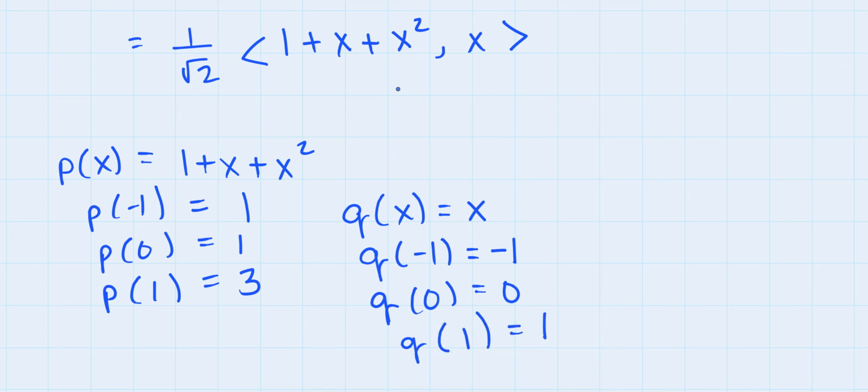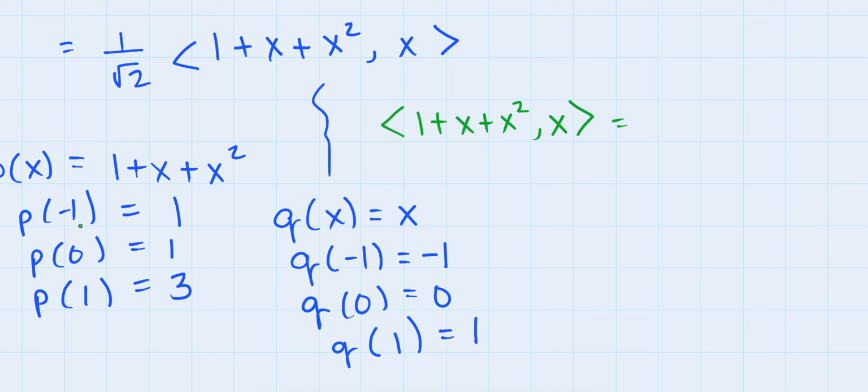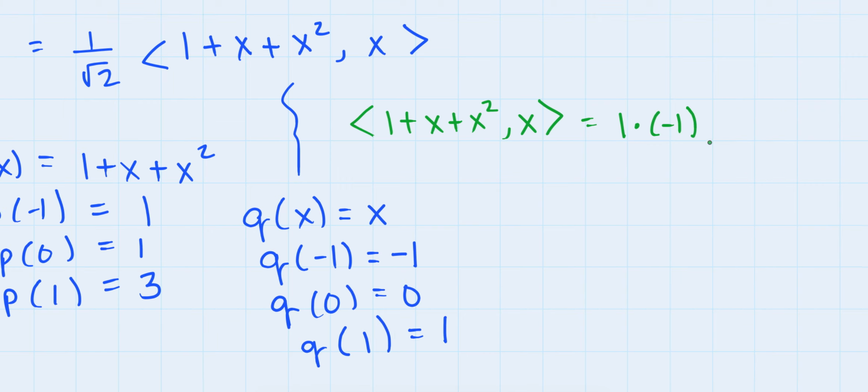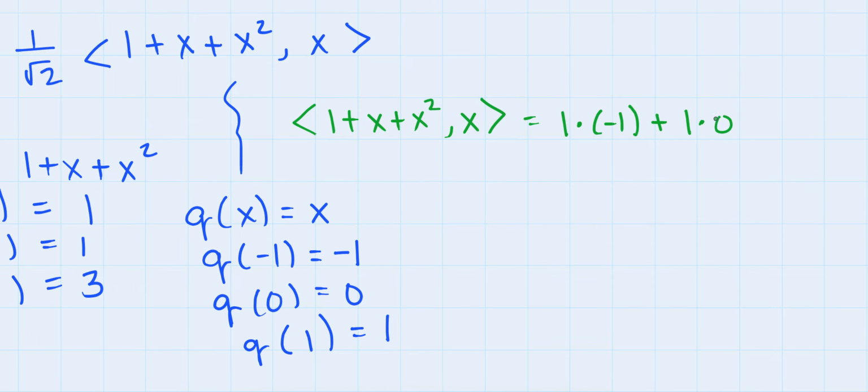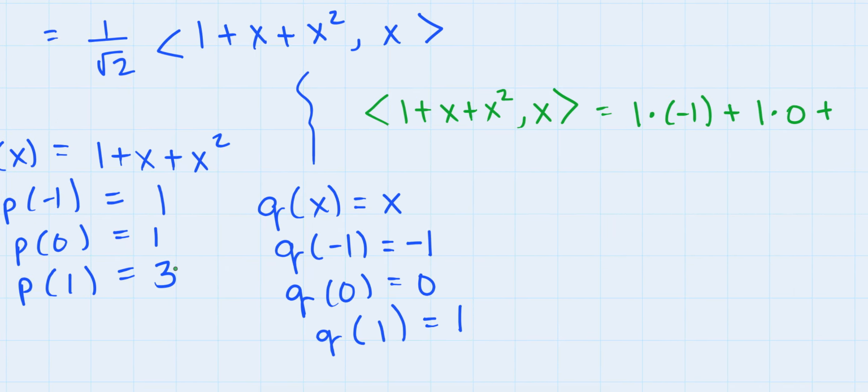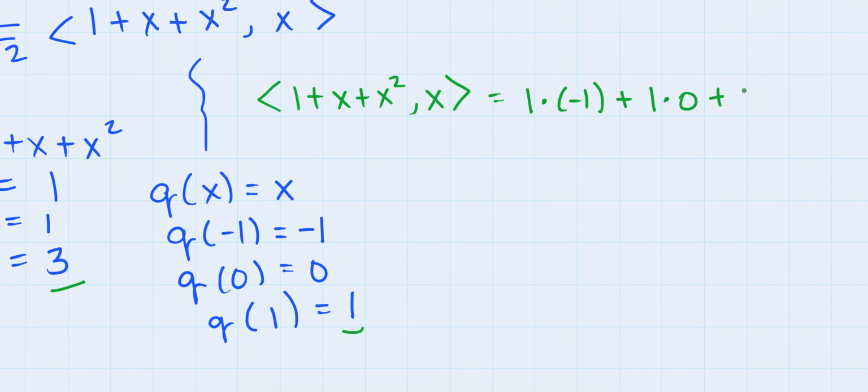So now we can take this inner product. 1 plus x squared with x is equal to plug in -1 into both of these, so we get 1 times -1. Add to it, plug in 0 into both, we get 1 times 0. And if we plug in 1 into both, we get 3 times 1. So we get -1 plus 0 plus 3, we get 2.